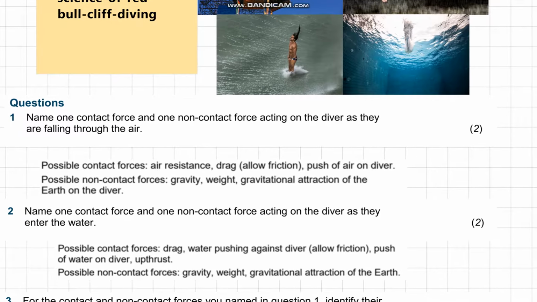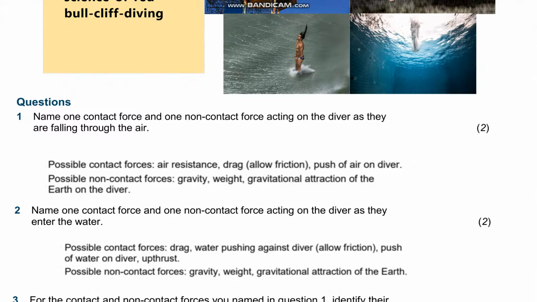Name one contact force and one non-contact force acting on the diver as they enter the water. Possible contact forces: drag, water pushing against diver, allow friction again, as I discussed before, push of water on diver, and upthrust. Now, upthrust is not so much the best word for describing this.